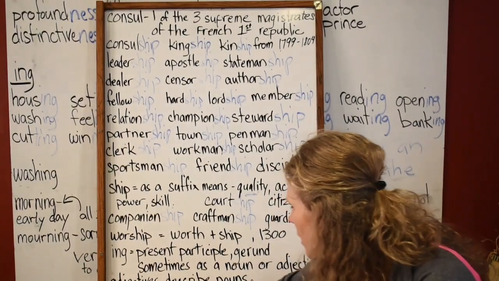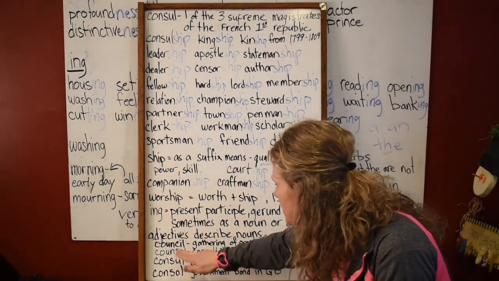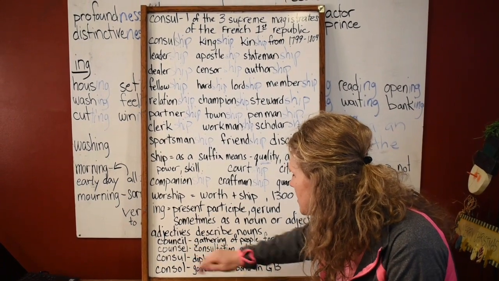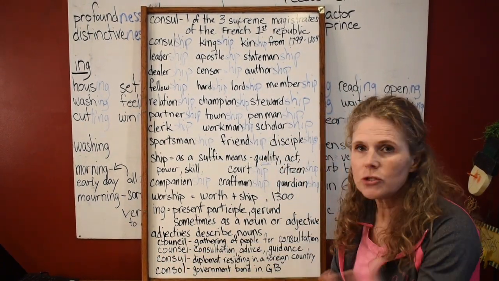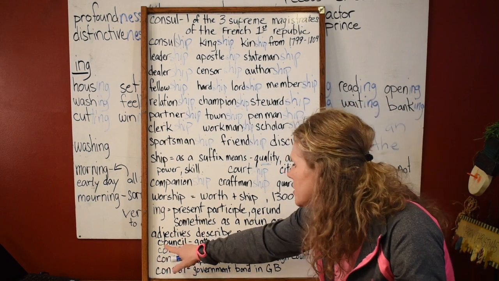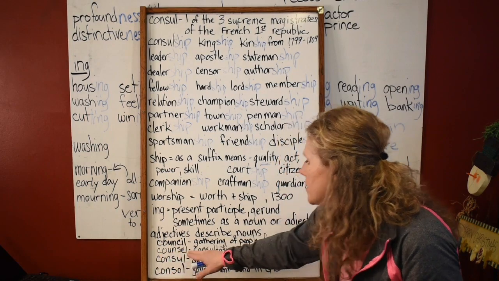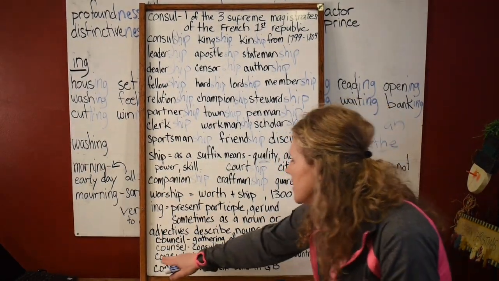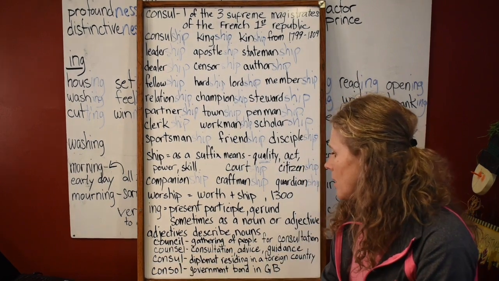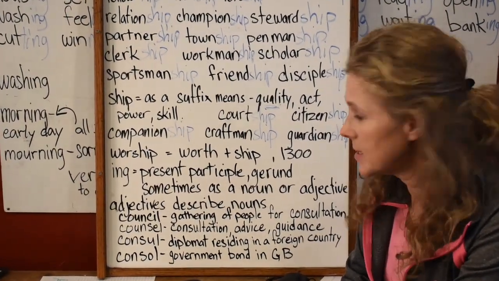But this one is happening right now. This is a noun. It is also a noun. So see how we could put, the council came together. But this one is the counsel my mother gave me. See, this is also a noun. This is a person. The council came to visit our state.